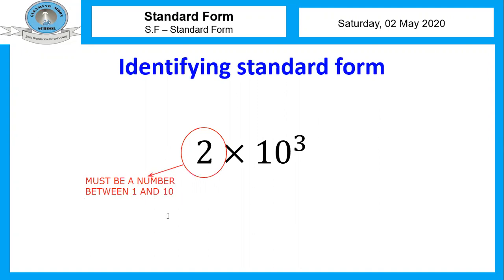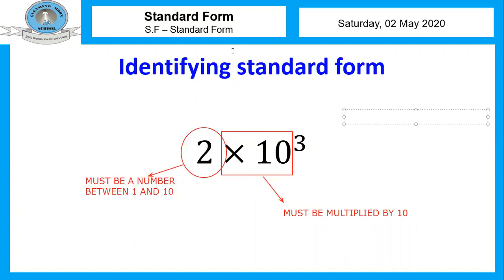And also, that number must be multiplied by 10. It doesn't divide, it doesn't add, it doesn't subtract. It must be multiplied by 10. And then that 10 will definitely be raised to a power. In this case, we have the power of 3.